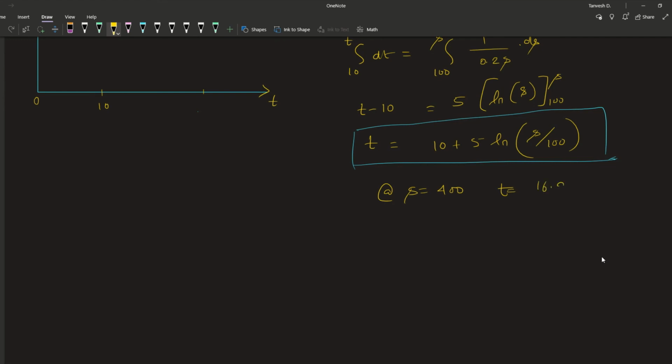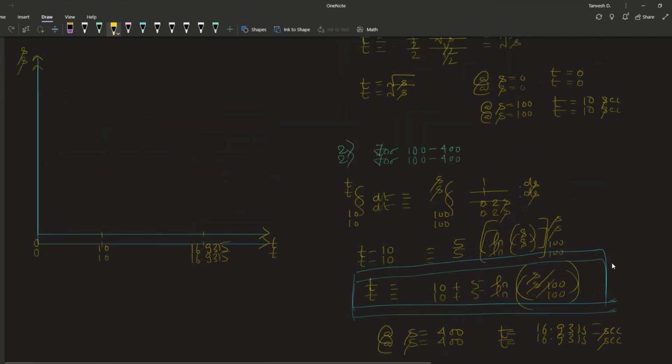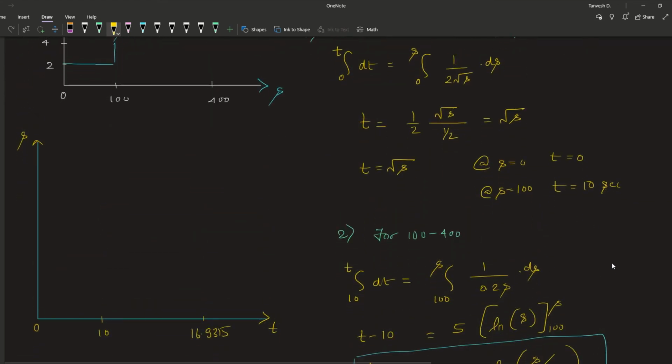T is 16.9315 seconds. The displacement being 100 and then finally 400. So if you plot this graph, you will get a curve like this.